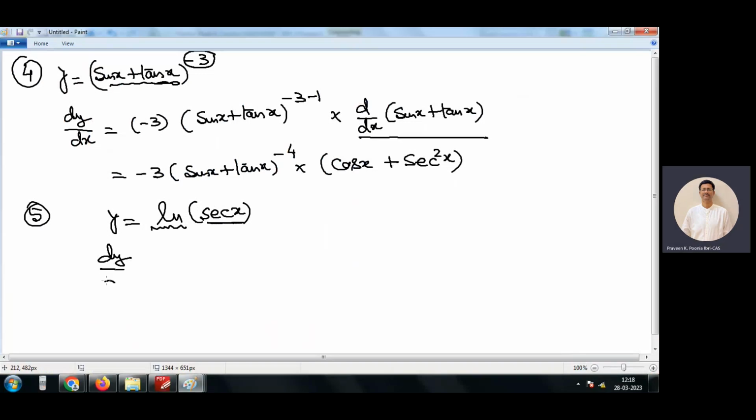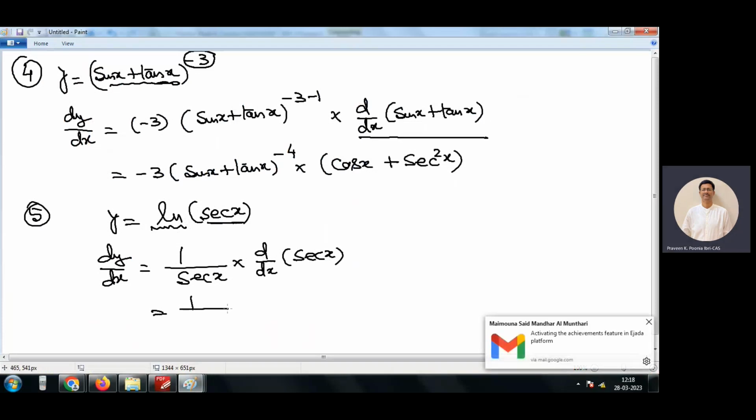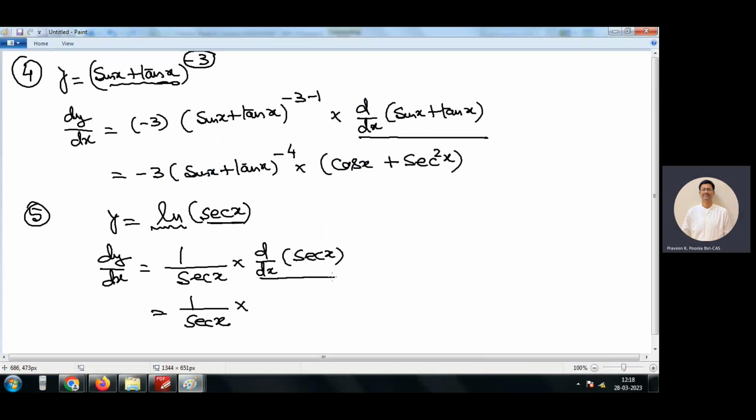So how will we do it? dy by dx, it is ln. Ln means 1 upon. The derivative of ln x is 1 upon x. So 1 upon sec x. Now you need to write the derivative of sec x also. So 1 upon sec x into, what is the derivative of sec x? It is sec x tan x. Sec x cancels. So what is the answer? The answer is tan x.